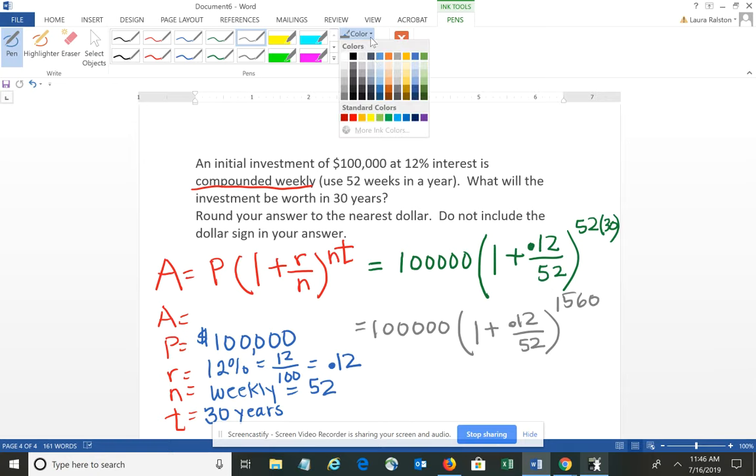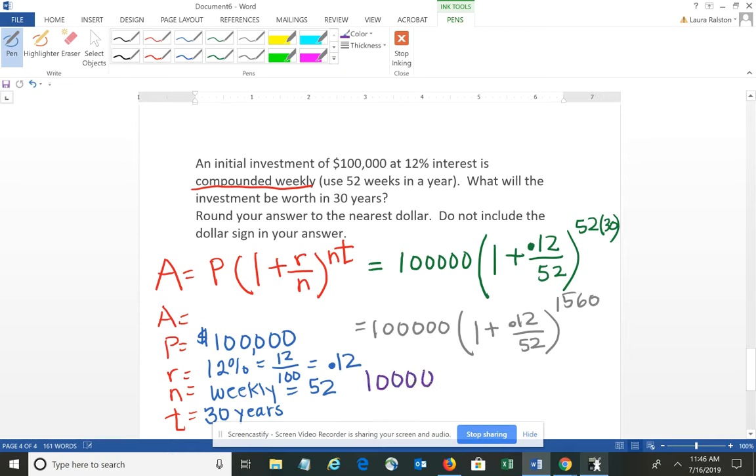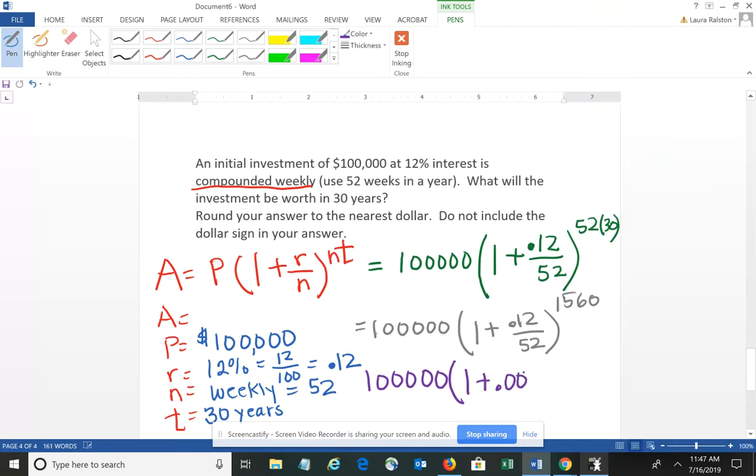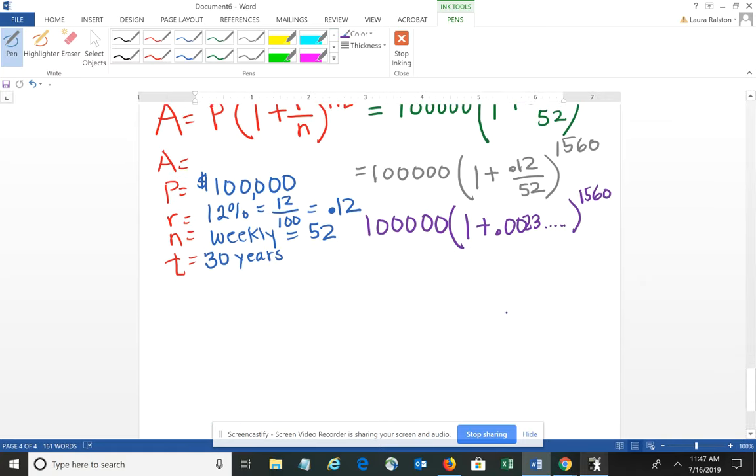Okay, continuing the walkthrough to get my numbers, I have 100,000 times 1 plus, I need to do the division, 0.12 divided by 52 is 0.0023 and a big long decimal. And again, that's in my calculator's brain, so I'm going to keep it there, and I'm going to add the 1.